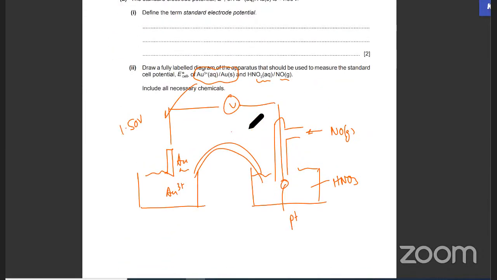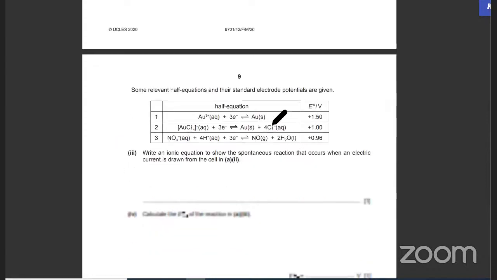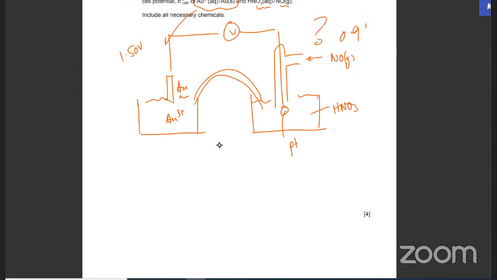Because you can't obviously tell the electron flow because you have no idea what this is. Actually, you do. The question has NO and HNO3, right? So this one is 0.96. So the electron flow would be from negative to positive, so it's going to go in this direction.